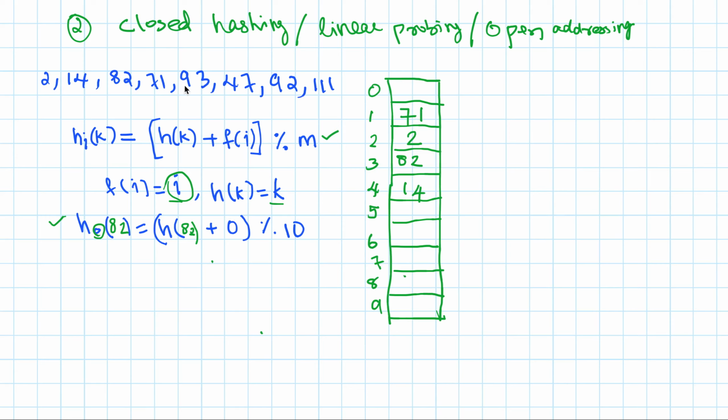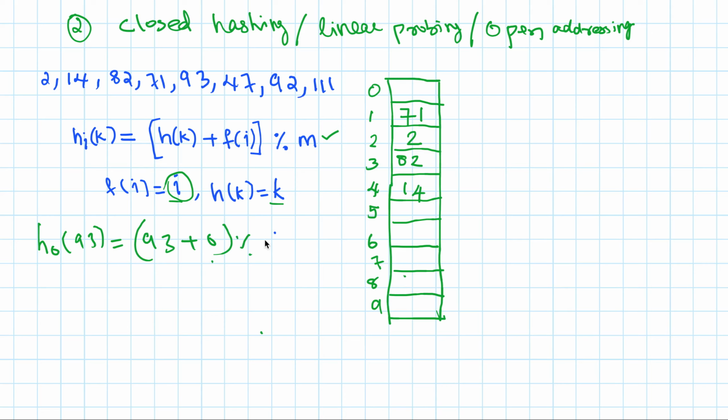Next you have 93. So you will be first finding the index for 93. So you'll be first finding h of 93 for the first time. So this will be 93 plus 0 modulo 10. So this will be 3. So you look at 3. 3 is already occupied.